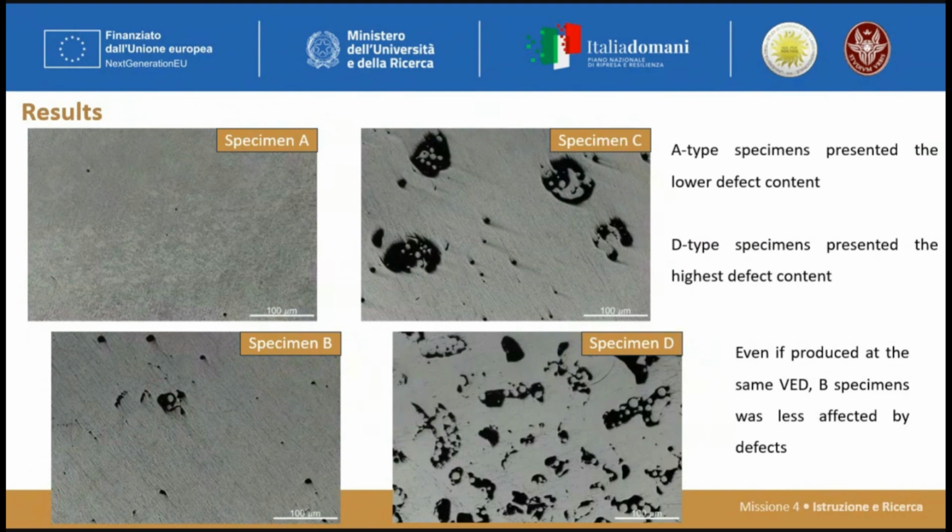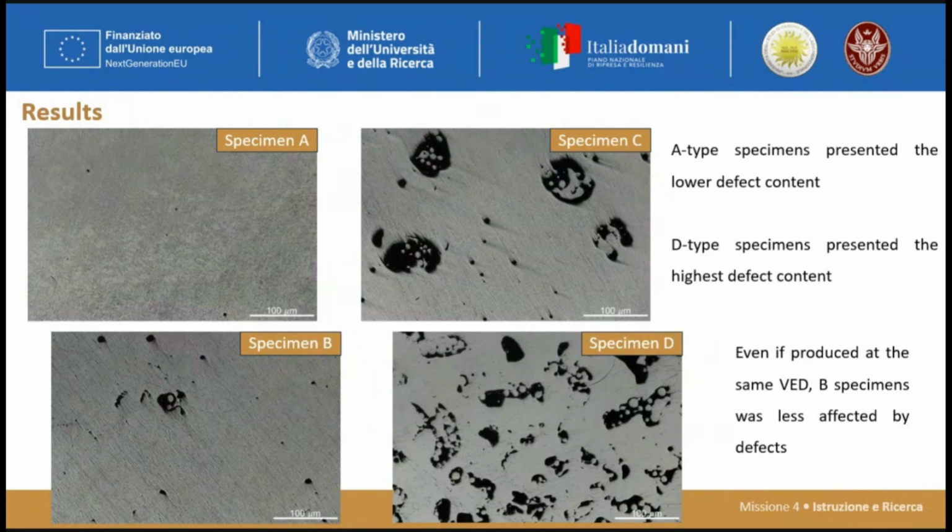As concerns specimen B, we can observe also some lack of fusion defects, and the gas pores were bigger. Specimen C, we can see more lack of fusion and more gas pores. Indeed, specimen B and specimen C, by carrying out a more accurate analysis on more images, were quite similar.